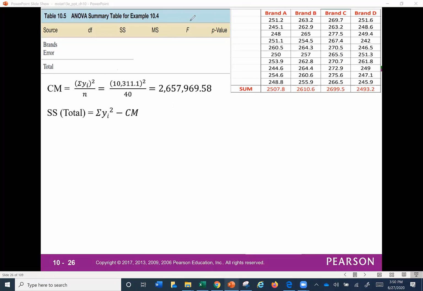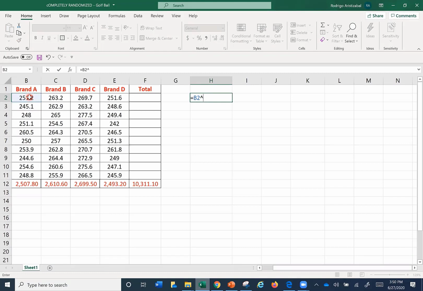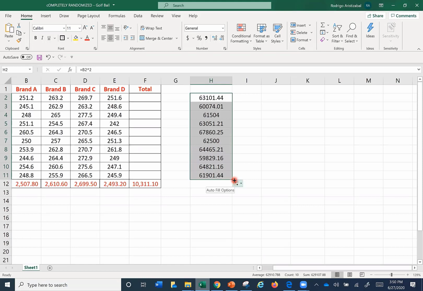How can we obtain the sum of all squared values? We have values here, but not their squares. We have to copy here this value raised to the second power, and this formula must be copied in all of these cells, and also in these other cells.